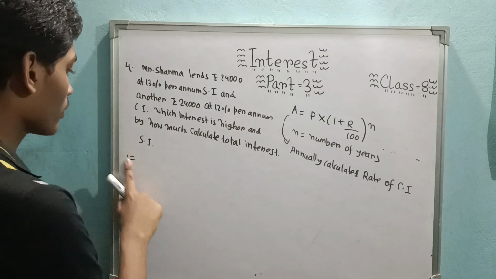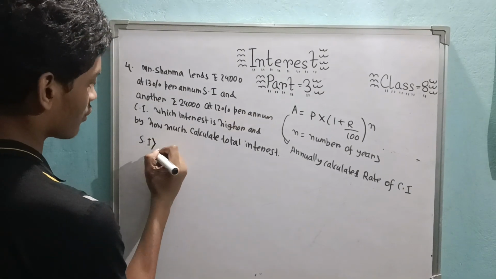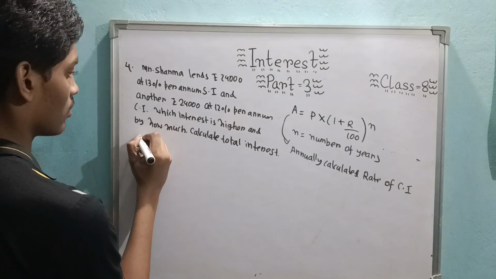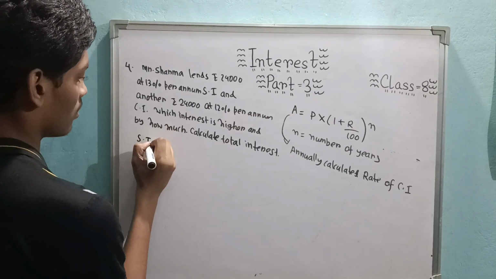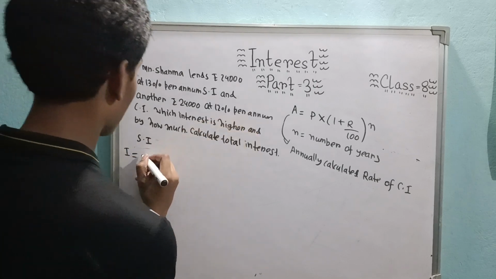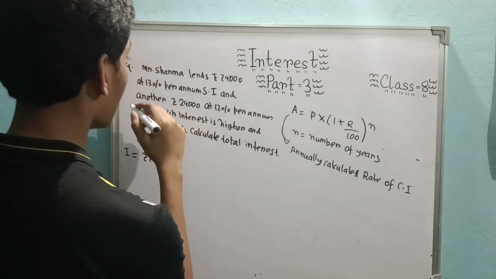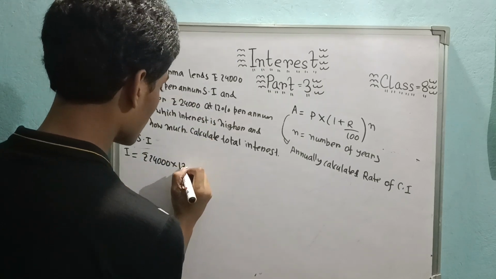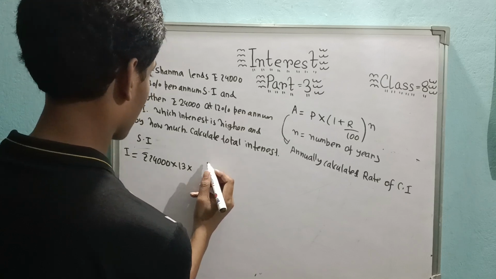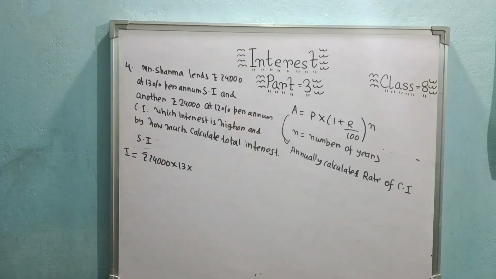Actually, I need to calculate the interest only. For simple interest, the SI will be what? It's 24,000, P, into R, which for simple interest is 13%, into time, which is 1. What is the time?